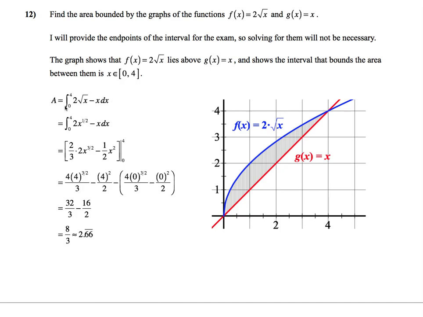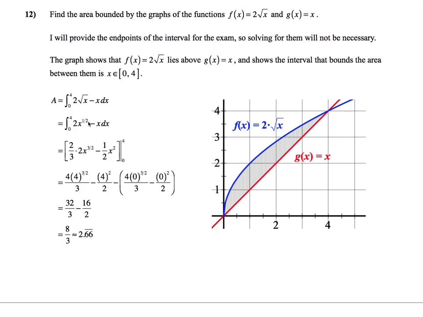This is the integral from 0 to 4, so here you see it, of the f of x, which is 2 times the square root of x, minus the g of x, which is x, and that is expressed for the purpose of using the power rule of anti-differentiation as 2 times x to the 1/2.